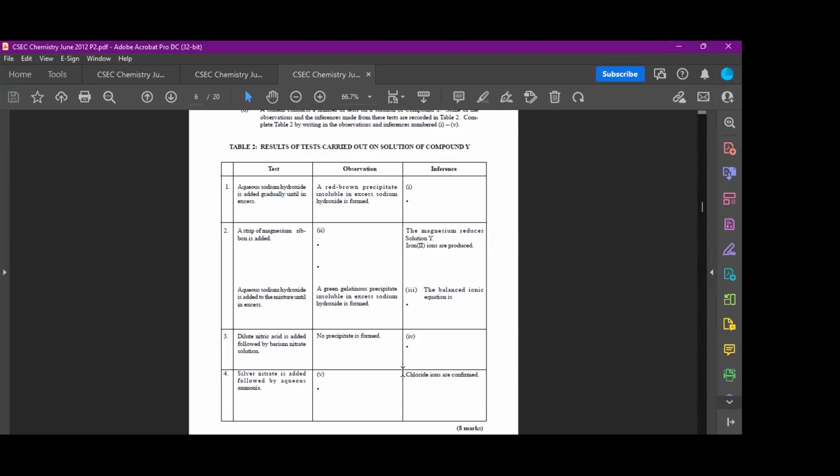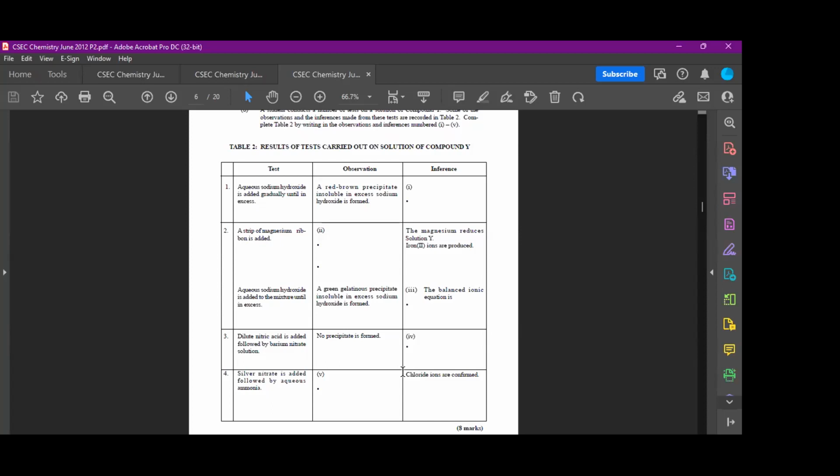Are they testing for chloride ions? Well, not specifically chloride ions, but elements that exist in that group. What are those ions called? They're the halides, same group.